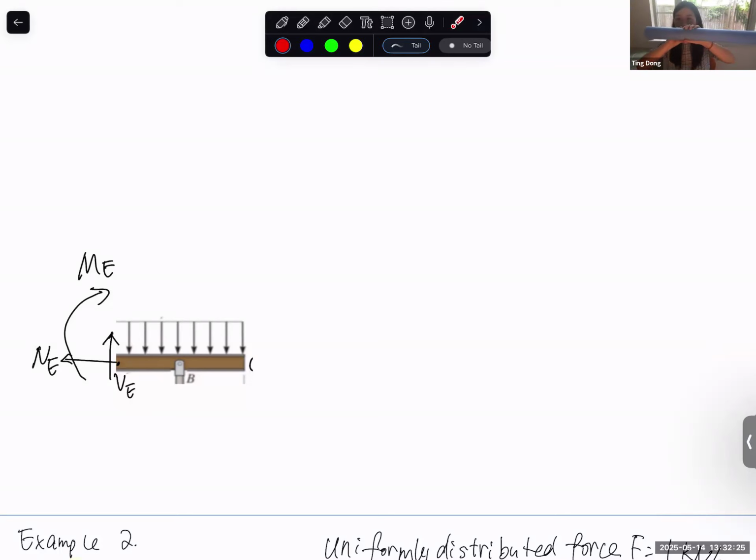So let's say we apply tension. You should expect that if we apply tension, the internal force at the cutting surface should be positive. So for this section, the internal force in this direction is considered as tension.